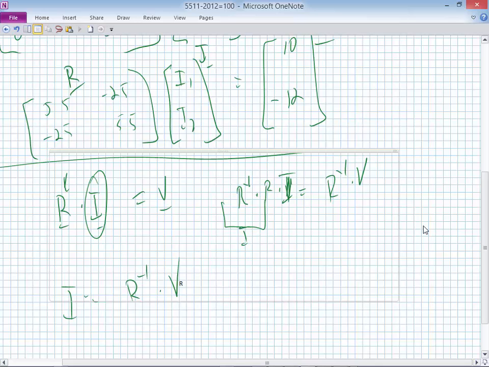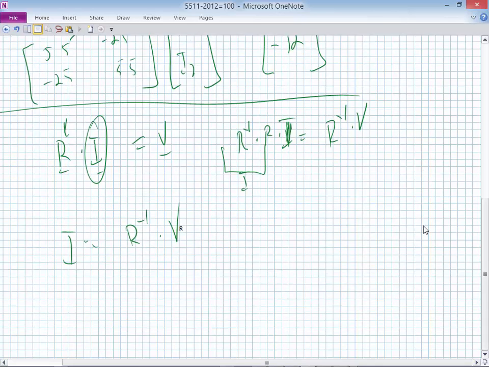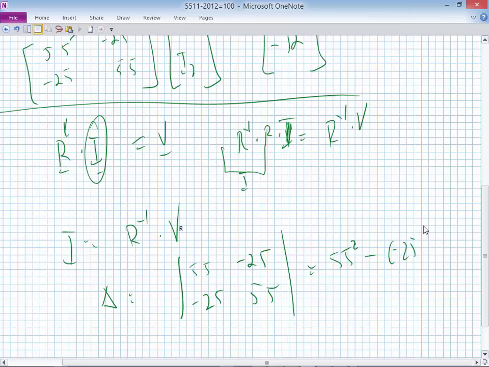In other words, the way you solved this was your determinant was 55, and the way that you would normally write this is you would put a bracket there, minus 25, minus 25, 55, and that's equal to 55 squared minus 25 squared in this case, right?